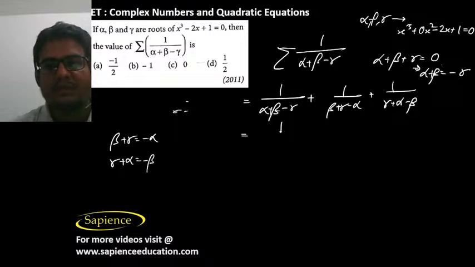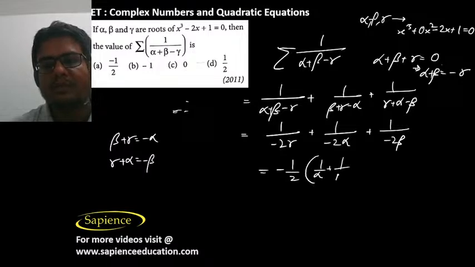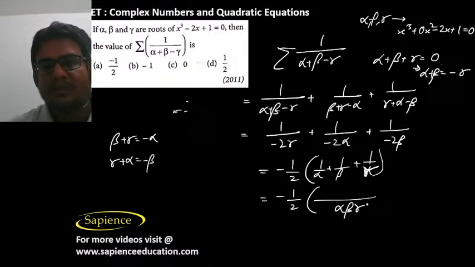So this we can write as 1 by minus 2 gamma plus 1 by minus 2 alpha plus 1 by minus 2 beta. So this will be minus half into (1 by alpha plus 1 by beta plus 1 by gamma). So this will be minus half of, we can take the LCM, alpha beta gamma in the denominator, and in the numerator alpha beta plus beta gamma plus gamma alpha.